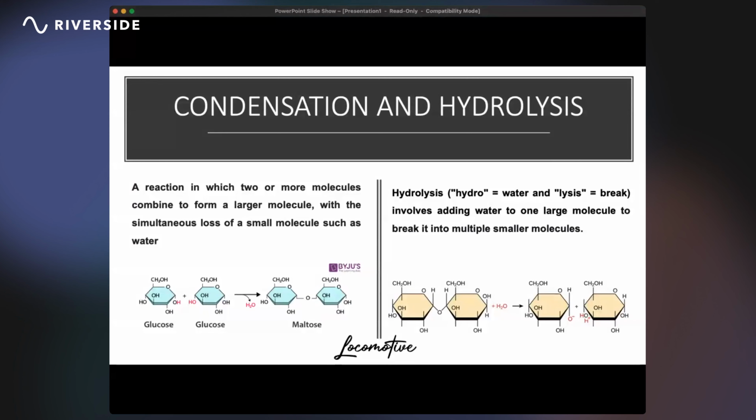And the products are the monomers of that large molecule. So when we talk about the formation, the water molecule is produced. When we are talking about breaking the bonds between the monomers in one large molecule, the water is used. So it's very important.